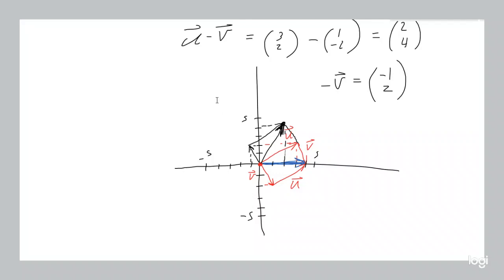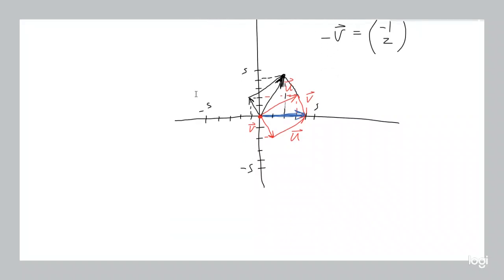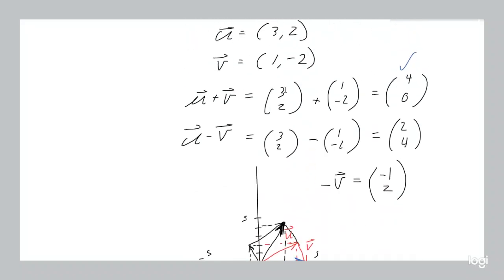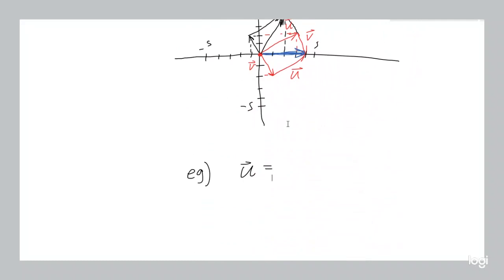Now you can also multiply a vector by a constant, or divide by a constant, or a scalar. So, for example, let's use our same vector u, which was equal to 3, 2. I'll write it vertically here.